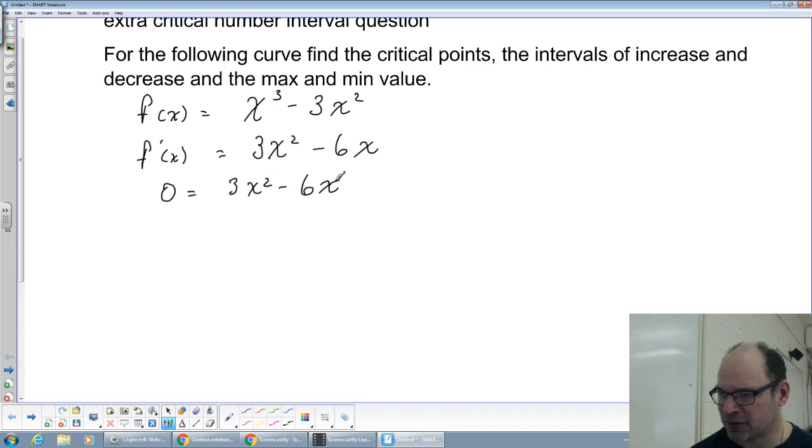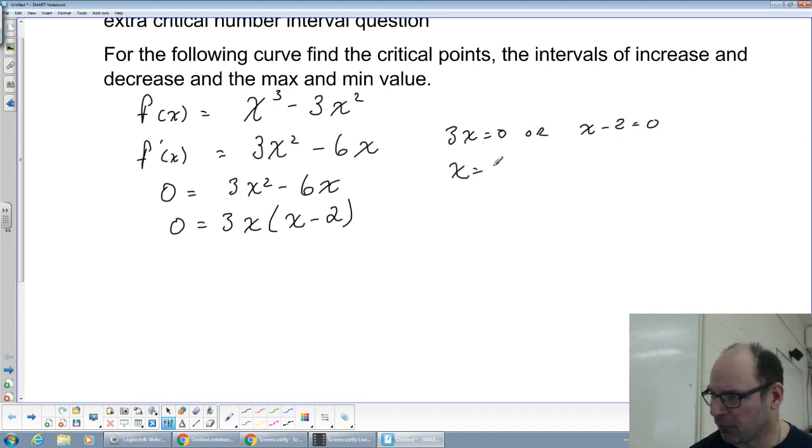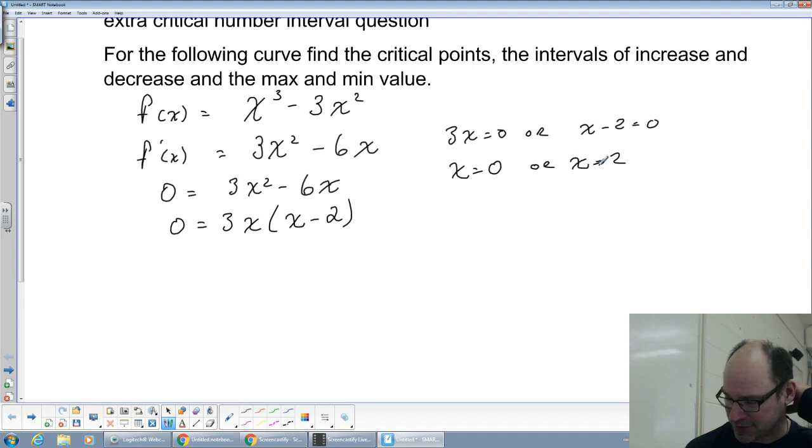We can factor out a common factor of 3x. So we have two possible critical points here. 3x can equal 0, or x minus 2 can equal 0. So x equals 0 or x equals 2 are our two critical points for x.